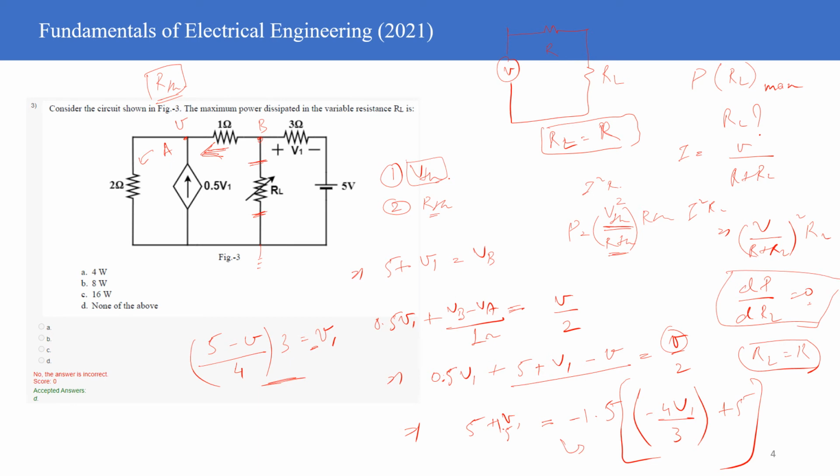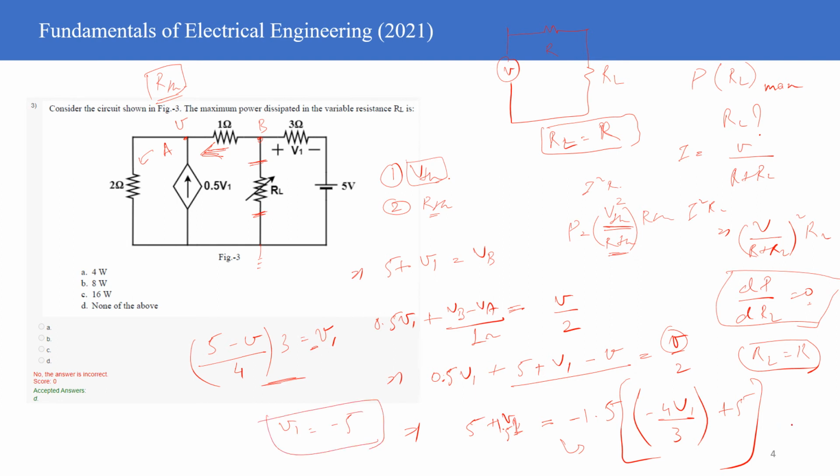Once you substitute that, you will have to solve for V1. I have solved it, therefore I'm aware of it. If you solve it, you will find that V1 is equal to minus 5.